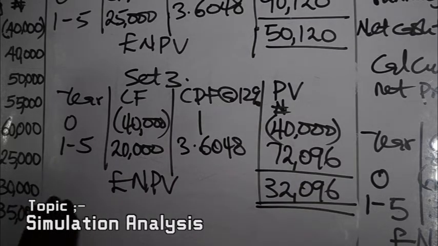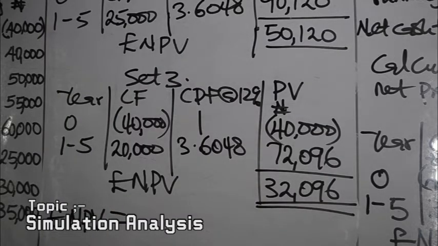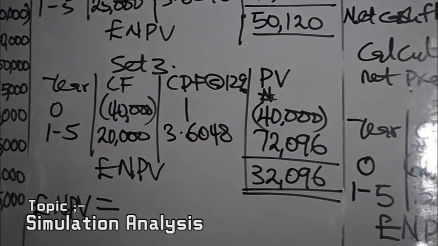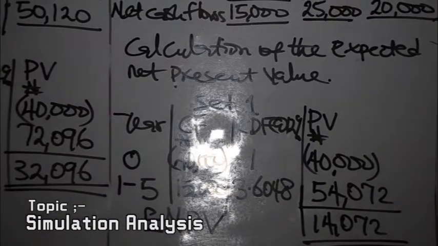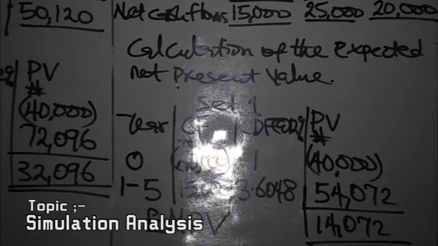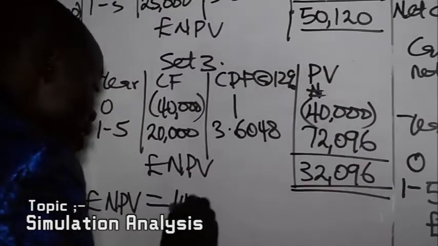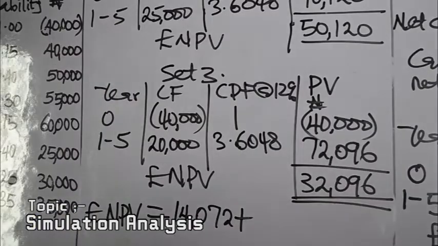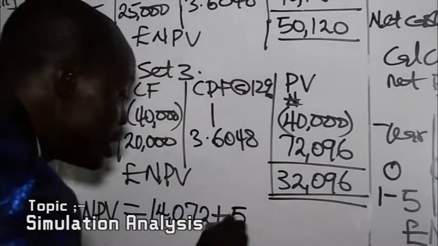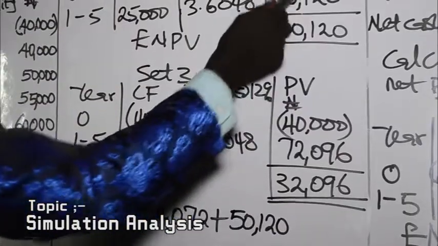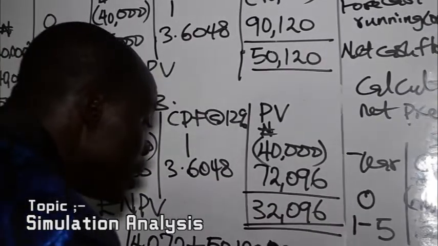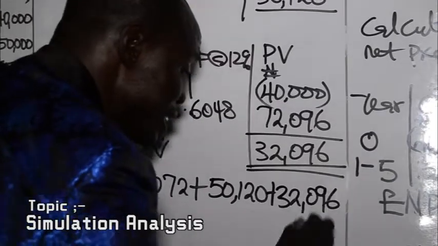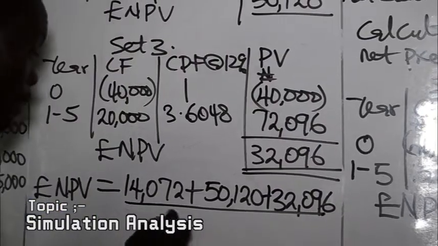So the expected net present value of the project is the simple average: for set 1, 14,072, plus for set 2, 50,120, and for set 3, 32,096.